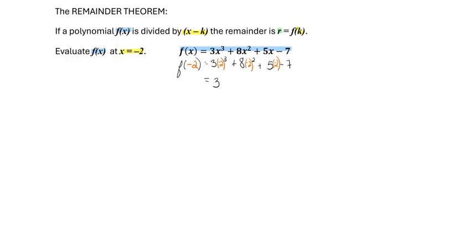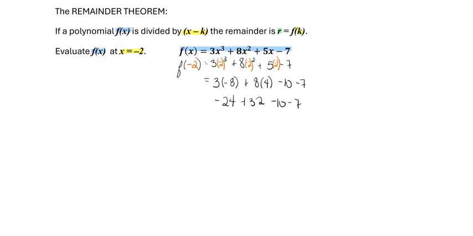So 3 times -2 to the third is -8. So 3 times -8 plus 8 times -2 squared is +4, so 8 times 4, plus 5 times -2 gives me -10 minus 7. So 3 times -8 is -24 plus 32 minus 10 minus 7.